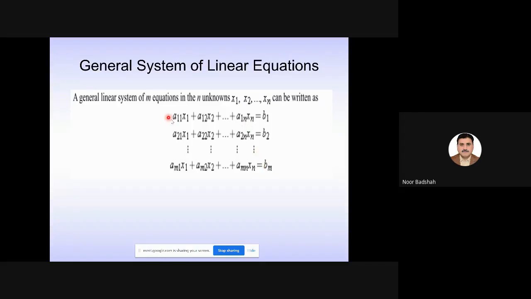You see, in this system, if you count the equations, there are m equations, 1, 2, up to m. And we are having n variables, x1, x2, up to xn. So there are m equations and n variables.